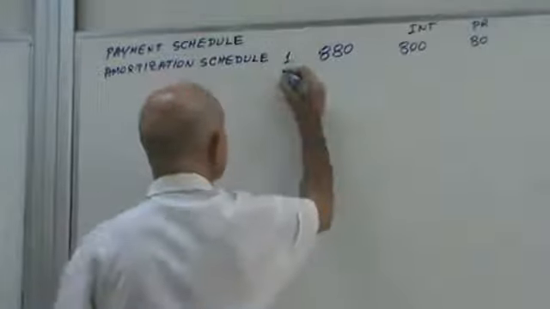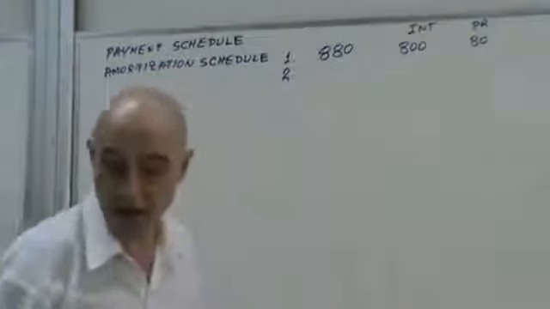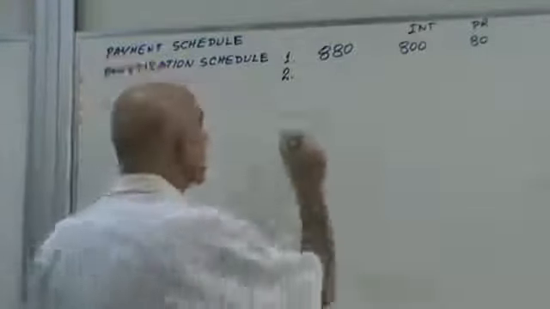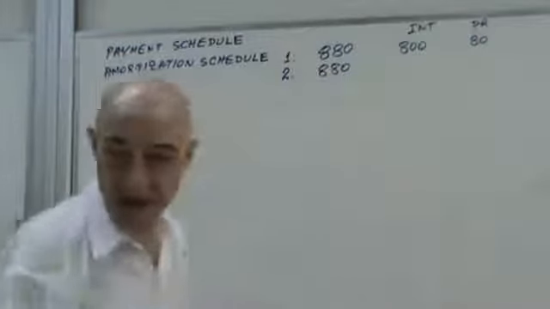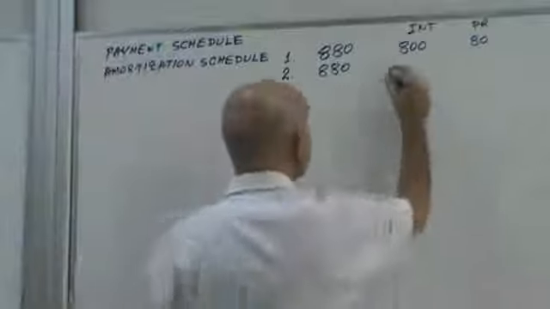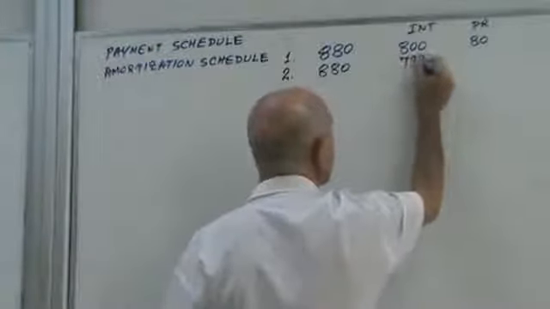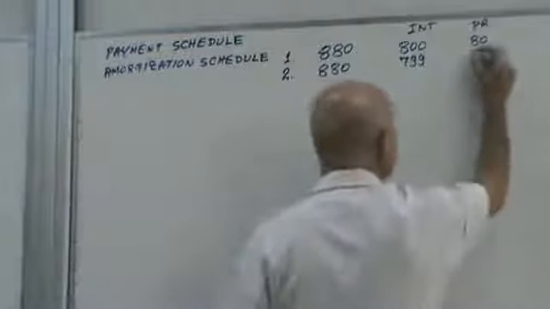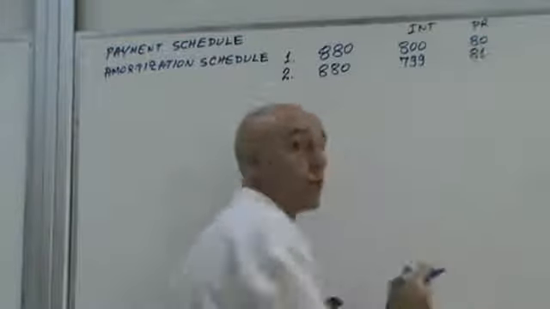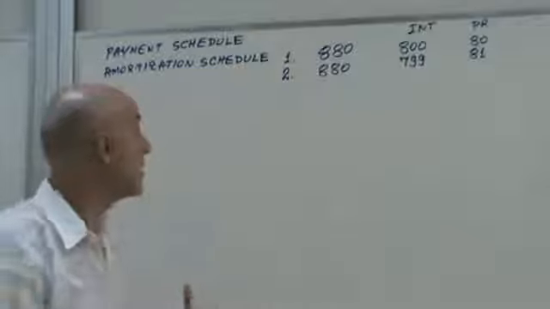For month number 2, you're going to make a payment of, again, $880. But now $799 will go towards interest and $81 will go towards principal. Okay?